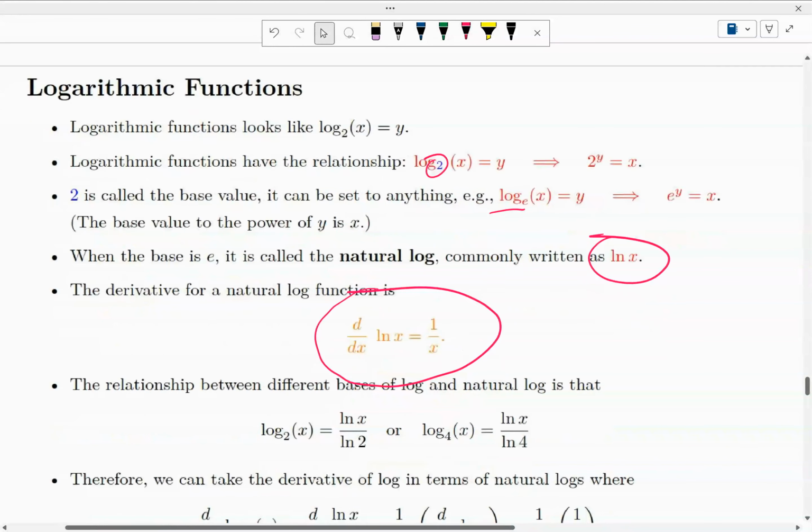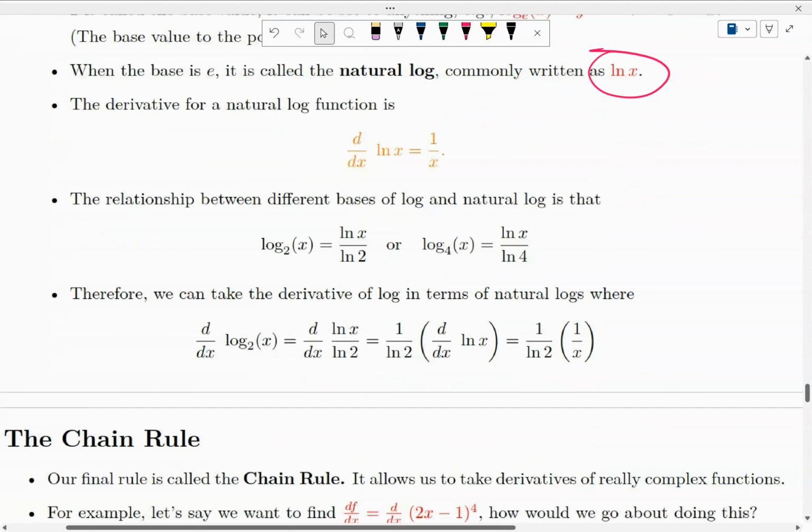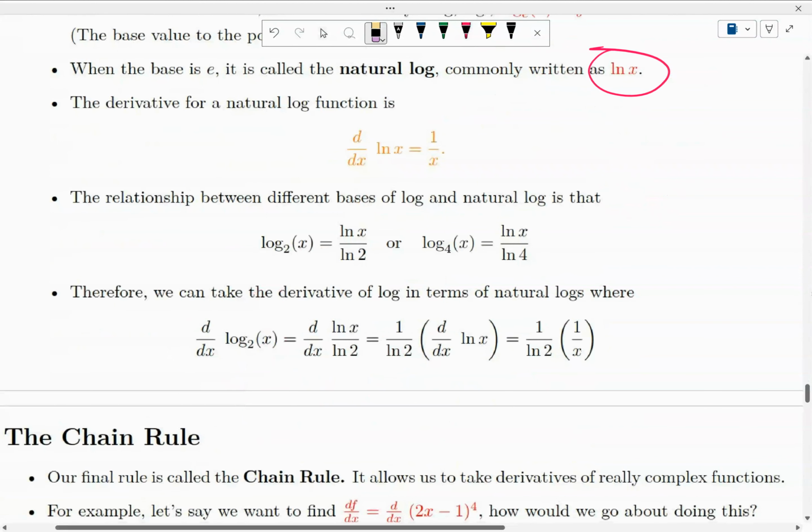And one of the things you need to know is that log of any base is simply the natural log divided by the log of the base. So if you know this is just a number, log of 4, this is just a number. So when you take the derivative of log of anything, you rewrite this into the relationship of log.